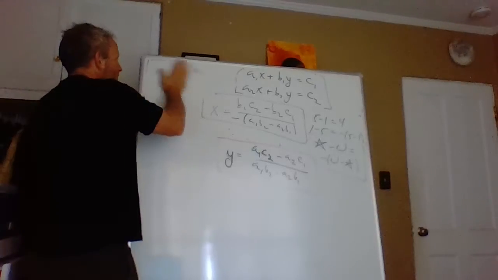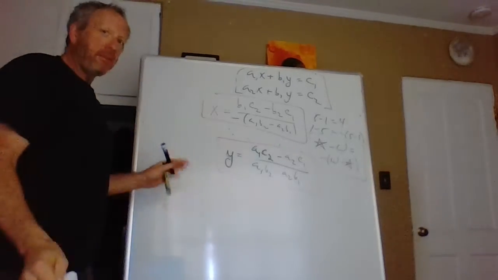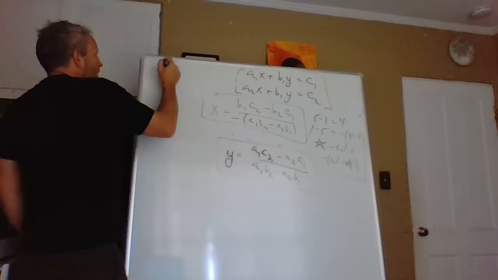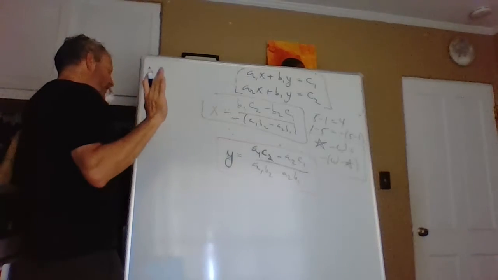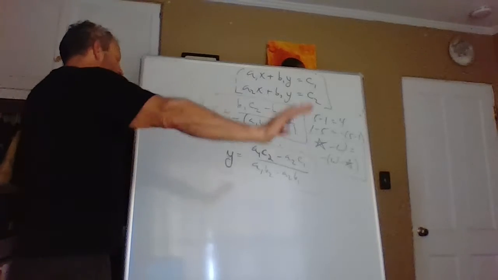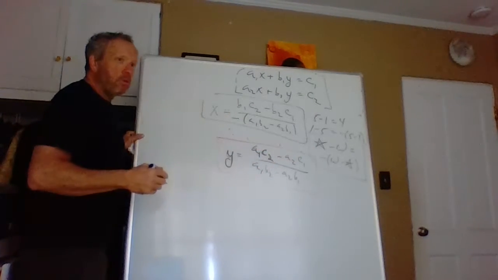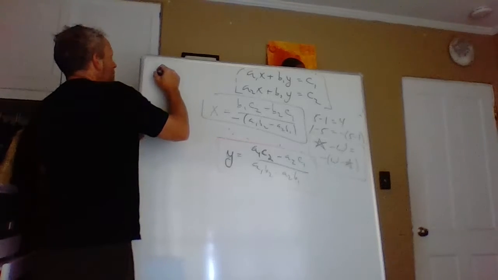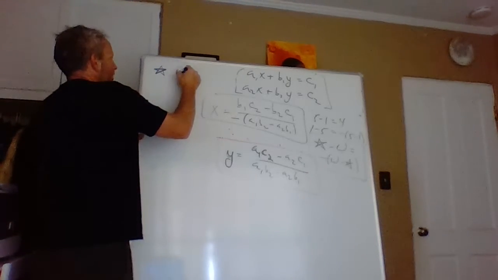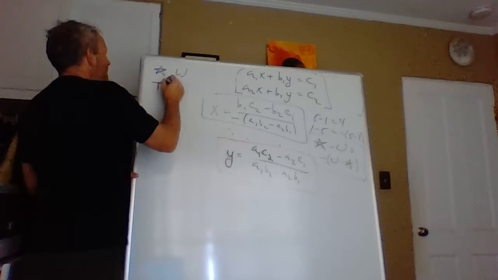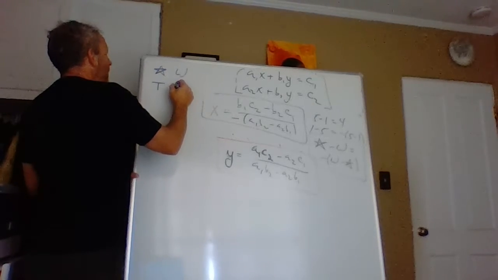Now I said some notation was coming up. I know this is a lot of stuff here, especially if you haven't seen it before. Let's go off to the side here, and let's say that we have any old matrix. Let me just use the symbols star, W, T, and capital H. Is this visible on screen?